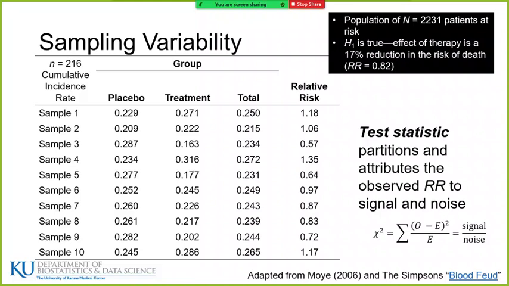My study is just as likely to have produced a 0.9 or a 1.3 as it was to produce a 1.18. So it gives you an idea immediately of the quality of that relative risk estimate.